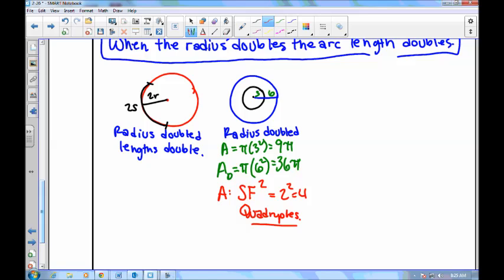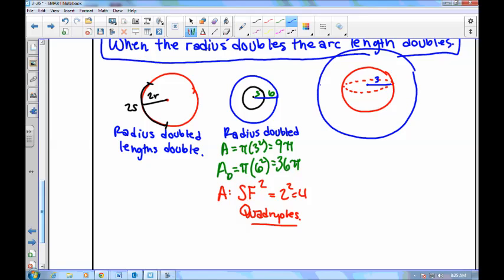Then if we move into 3 dimensions with volume, I'm going to draw a sphere. Here's our original 3, and then, oh goodness, I can't draw. And then it turns to 6. If the radius is doubled, volume is going to, instead of squaring, same idea, but volume's not squared, is it?